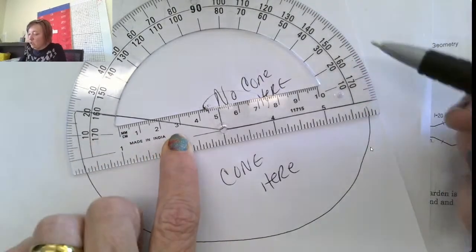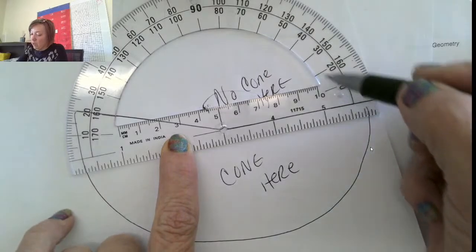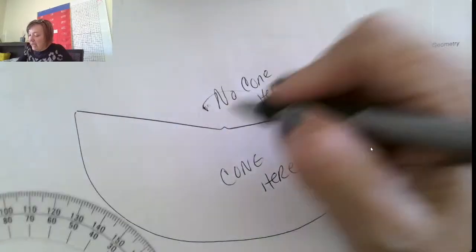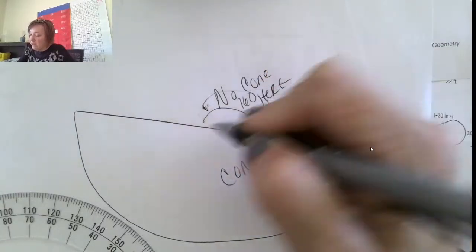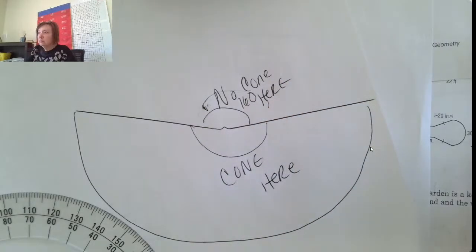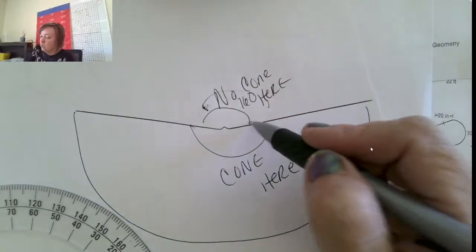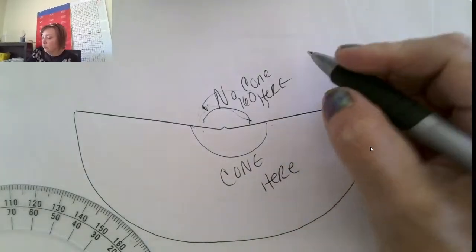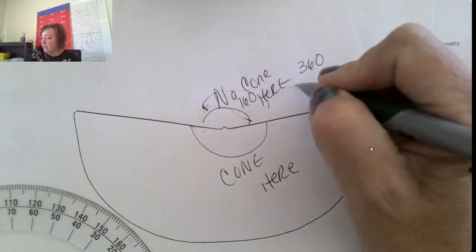Okay, so I measure from this side over here. So I start at 0, go all the way around. Look what it is. It's 160. This angle is 160. So what is this angle? If this angle is 160, what is this angle? So we would do 360 minus 160.